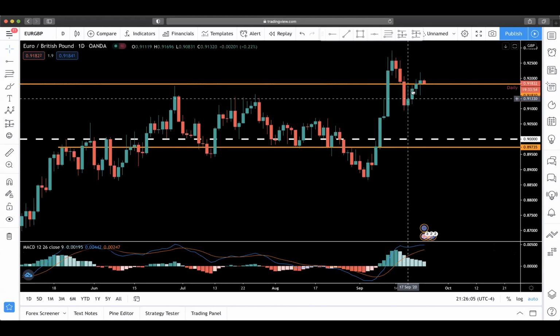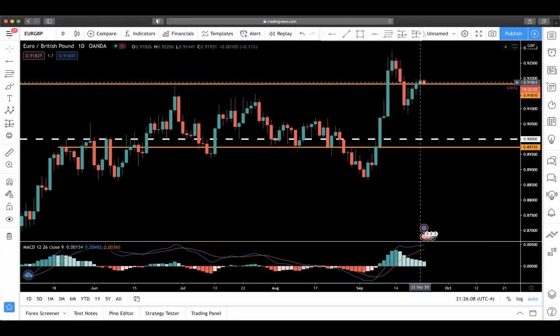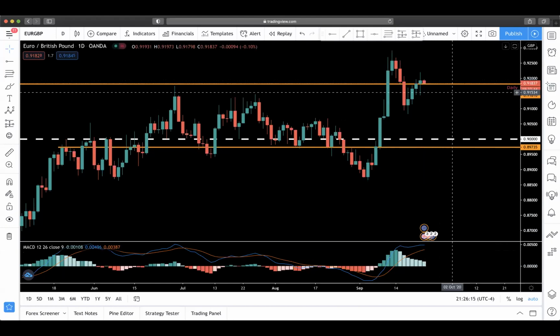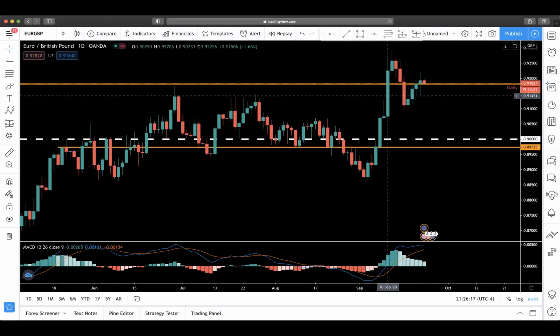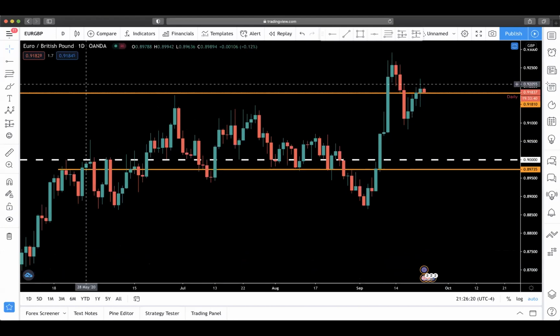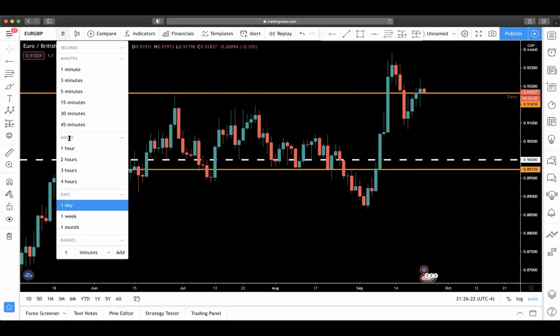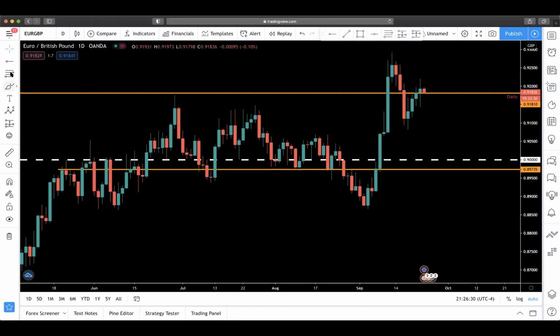That screams exhaustion of bulls, right? So we're looking for this candle, or we can go to a lower time frame. Since we've seen this structure on the daily time frame, that chart I showed you guys says my entry setup should be from the 1 hour.